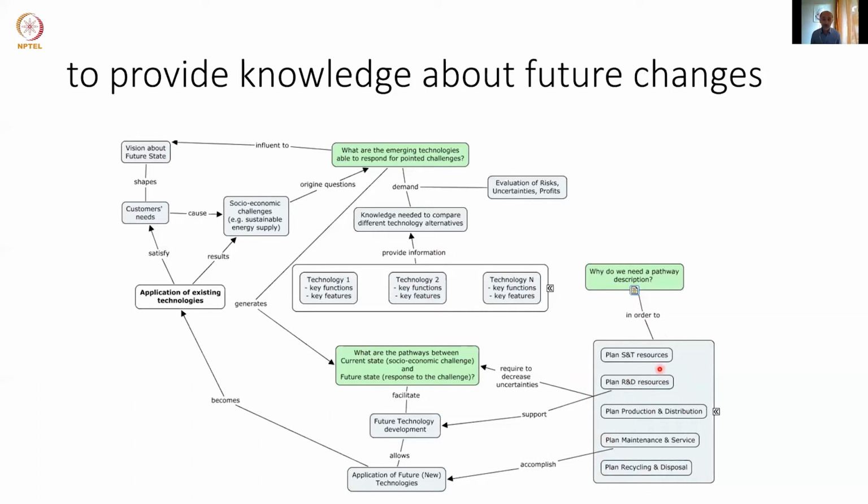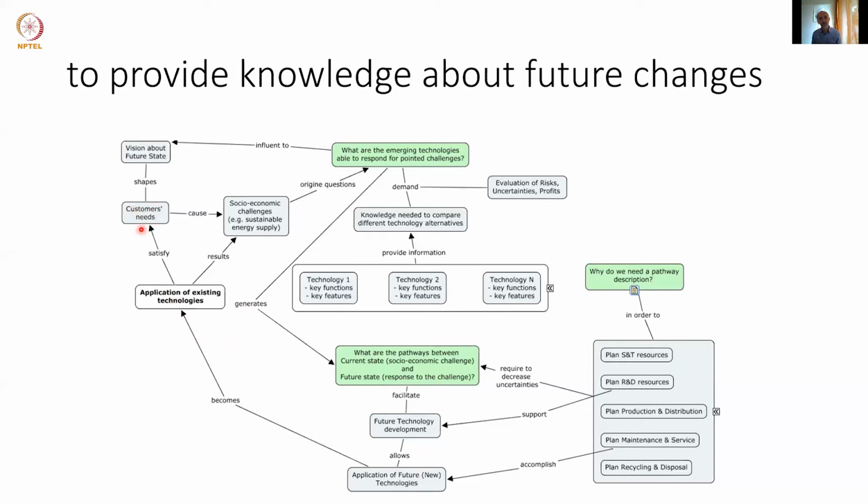So as soon as we plan all this and accomplish the application of the new technology, we will arrive at the point from which we started. We apply the technology in order to satisfy our needs.